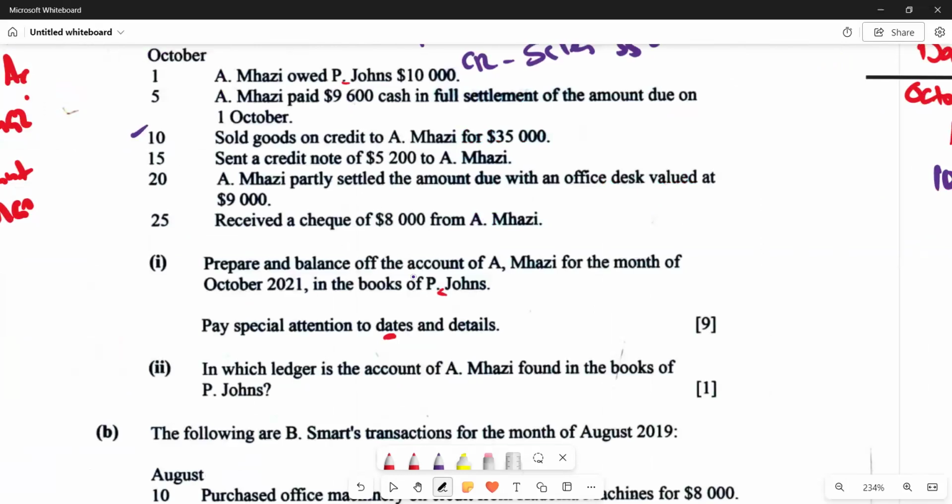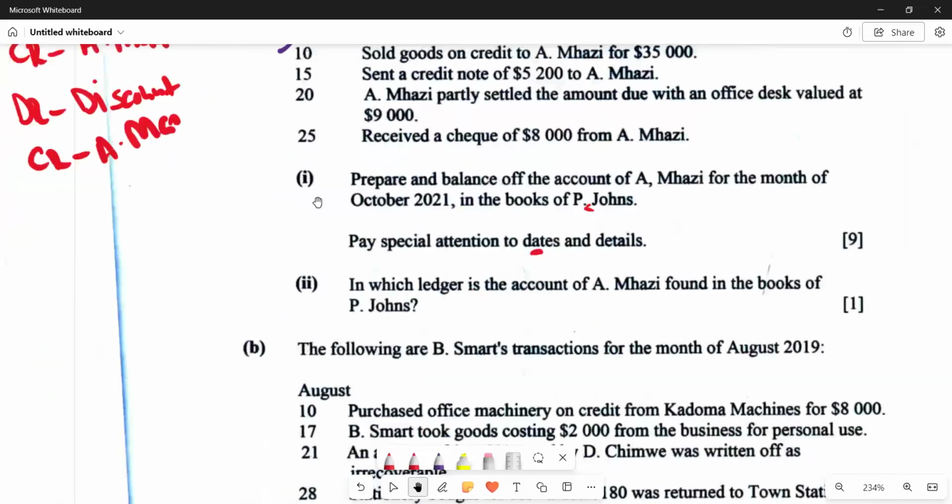Then we go to the next transaction that is transpiring on 20th October. AMAS partly settled the amount due with an office desk valued at 9,000. So instead of paying money, AMAS exchanged it with the desk. It means we are going to take this value of the desk, 9,000, as a payment. Whenever a debtor makes a payment, we debit. If the debtor pays with cash, we debit cash. If it's a check, we debit the bank.